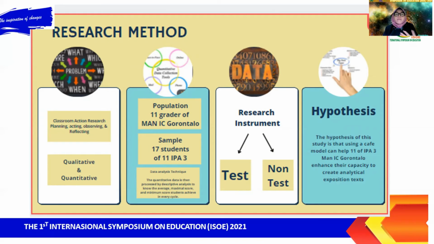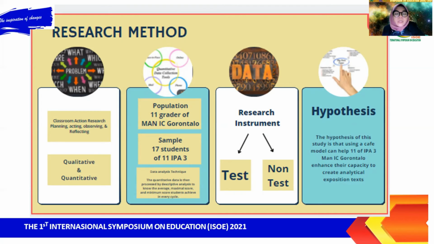The quantitative data was obtained from the scores of students' achievements, which range from 10 to 100. The resulting scores were used to know the difference between cycle 1 and cycle 2. The instruments used were the pre-test and post-test, and the non-test used a questionnaire.